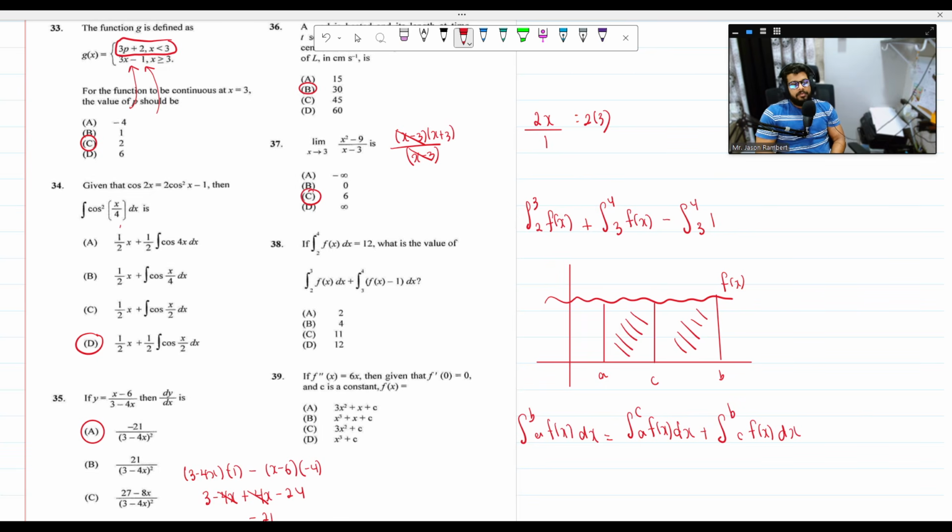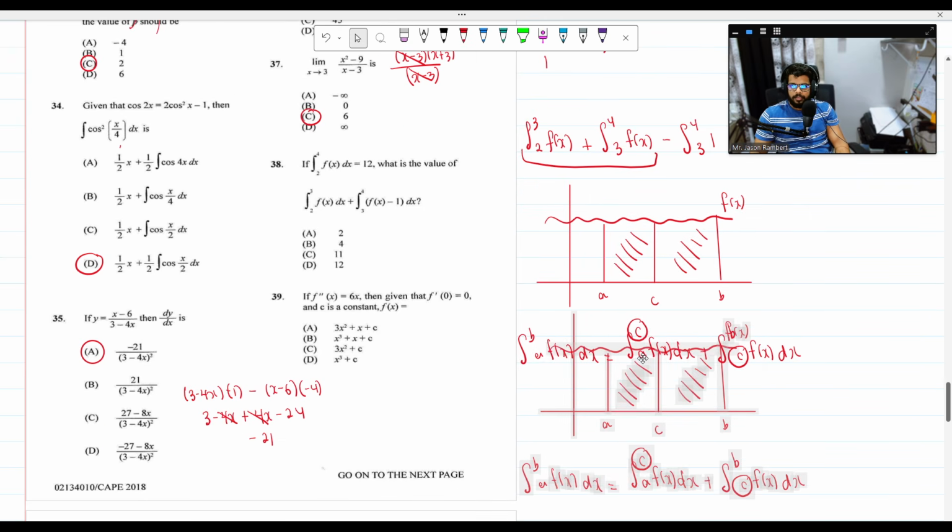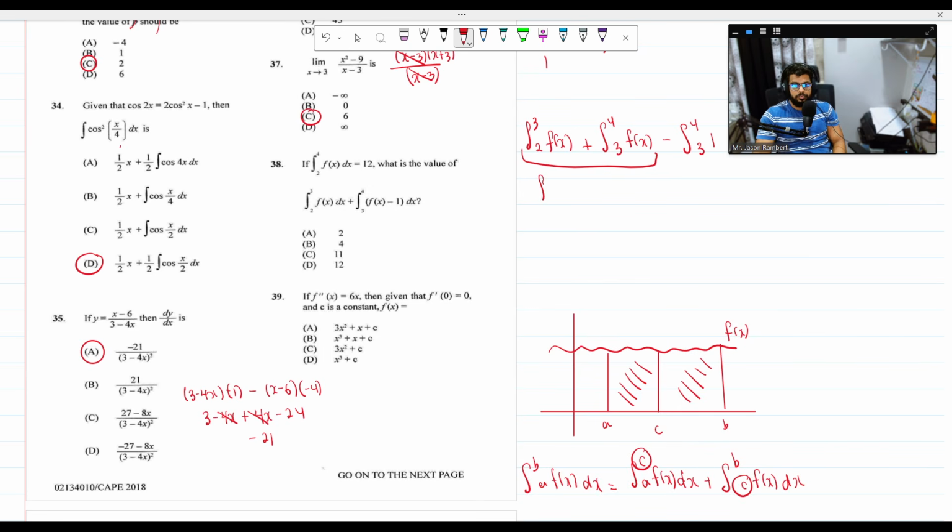Now, when we have the same function to integrate, and the limit on top in one integral is the limit below in the next integral, like what we have over here, I could combine those two integrals, keeping my upper limit as the bigger number and my lower limit as the smaller number. So these two things can now combine to be the integral between 4 and 2, which is what we get above, 12.